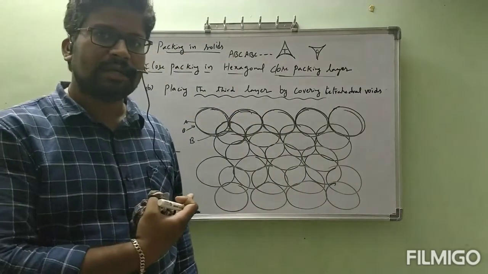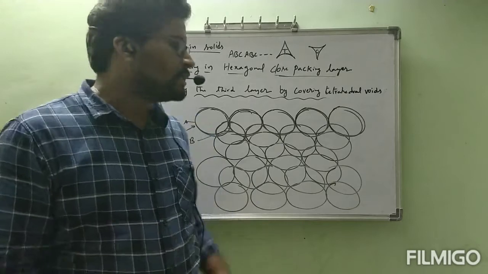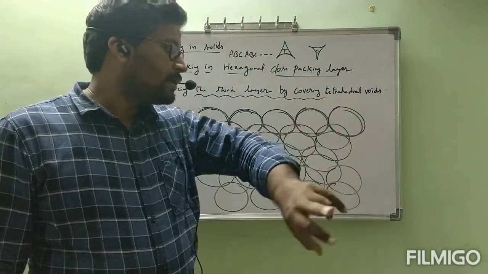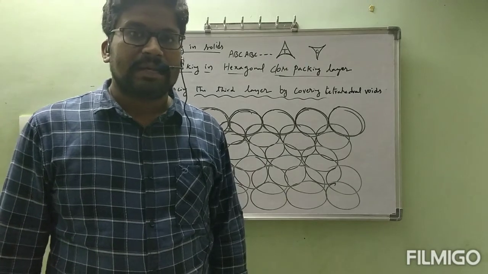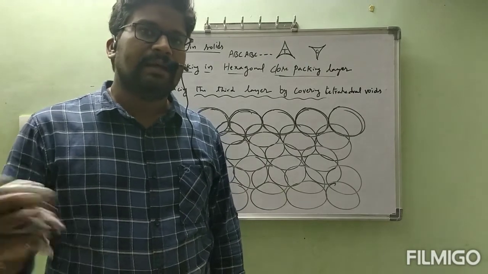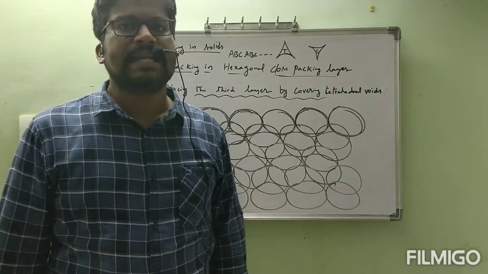Now we are going to keep the third layer by covering tetrahedral voids. Then that B layer position is repeated. That's why no third layer will be formed here. AB is getting repeated.